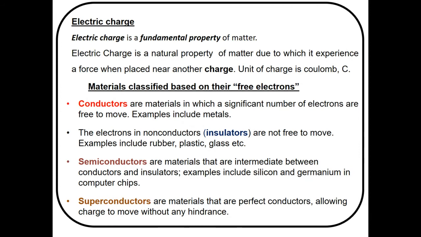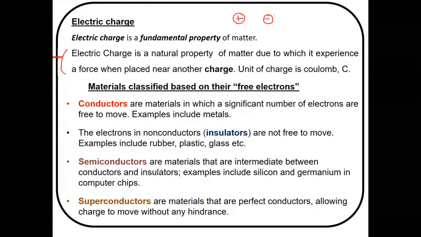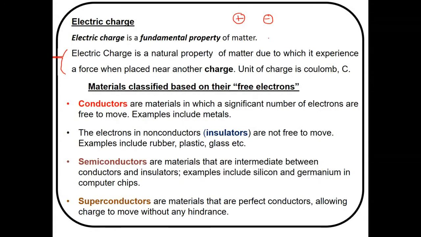What is the meaning of the second line? My dear, listen carefully. For example, I am going to take a positive charge and a negative charge. When you place the positive charge near another charge, it will experience a force. When I place the positive charge closer to the negative charge, what will happen?